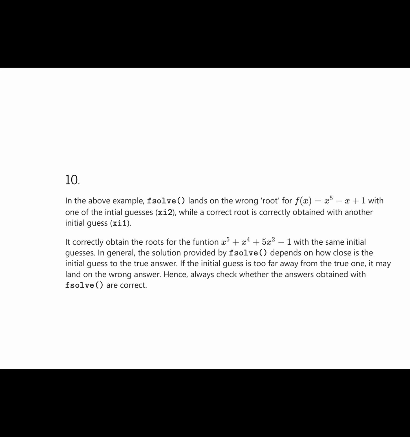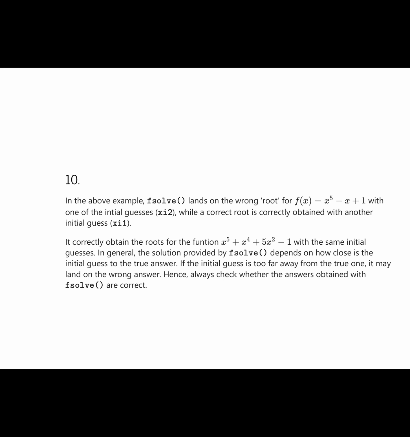Let us carefully examine the results from using fsolve in the previous example. For the first function, f1 of x, which was x to the power of 5 minus x plus 1, you might observe that one initial guess, perhaps x0_1, led fsolve to a valid root.